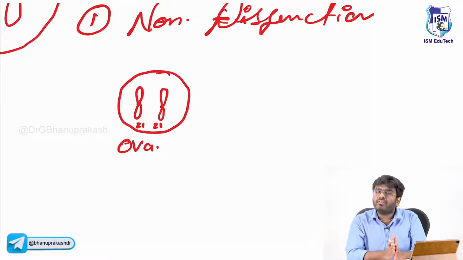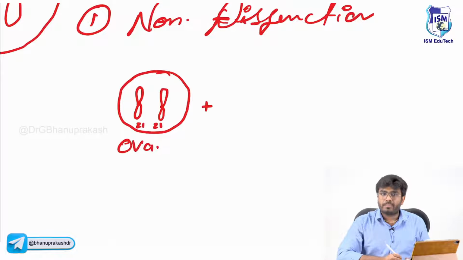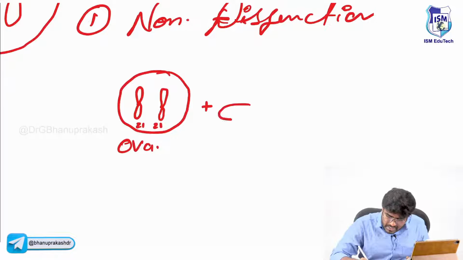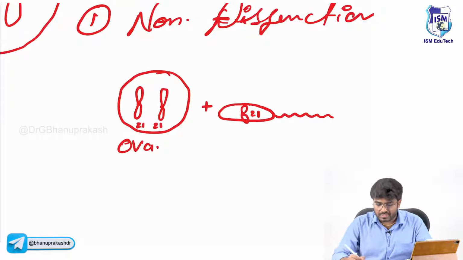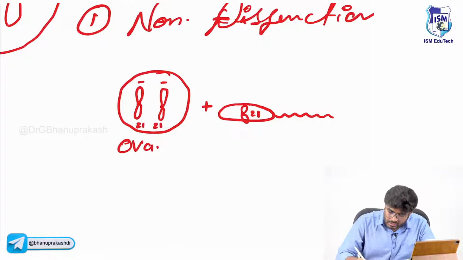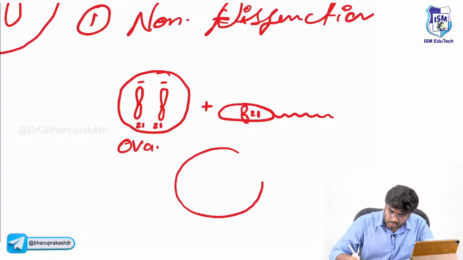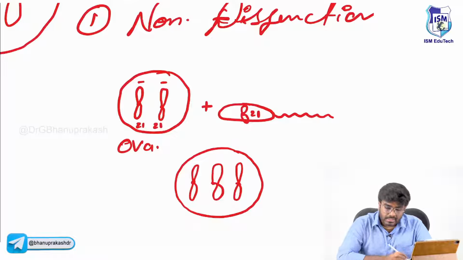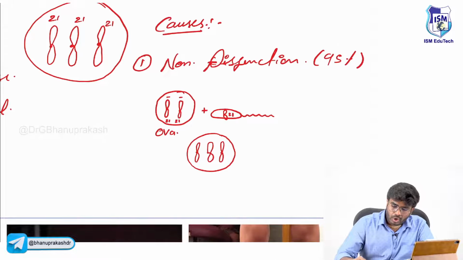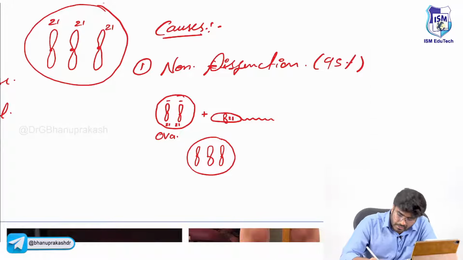Actually there should be only one 21 chromosome, but here there are two. Now if such an ovum is fertilized by a sperm, and even the sperm has one 21 chromosome, tell me what happens. In the zygote, and in the baby, there will be three 21 chromosomes. That's a non-disjunction, maternal non-disjunction.